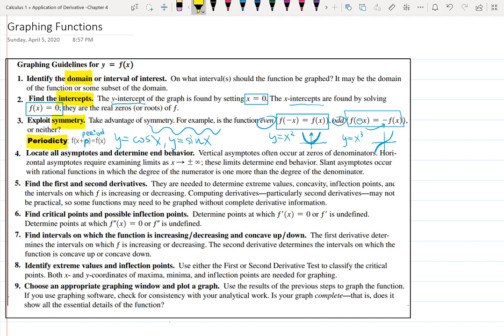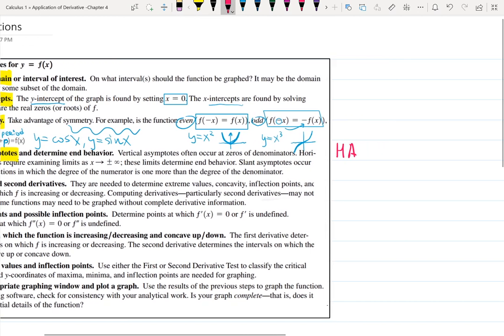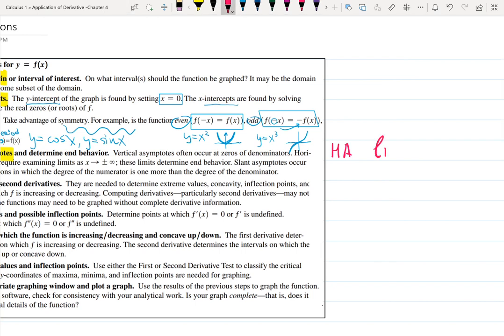Next, locate all asymptotes, horizontal asymptotes and vertical asymptotes. To do that, we will do two things. For the horizontal asymptotes, those are actually not that hard to find. You just take the limit as x, or t, or any input you have, goes to infinity for the function.